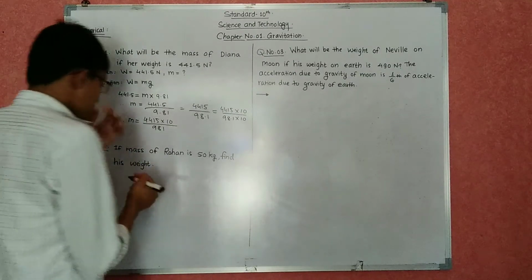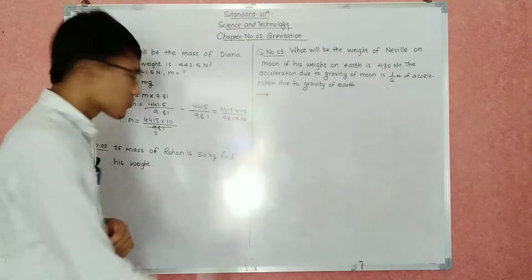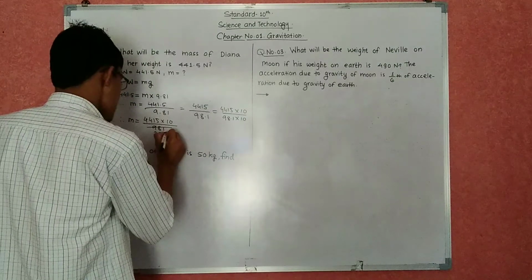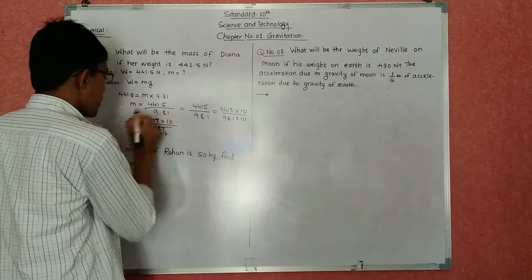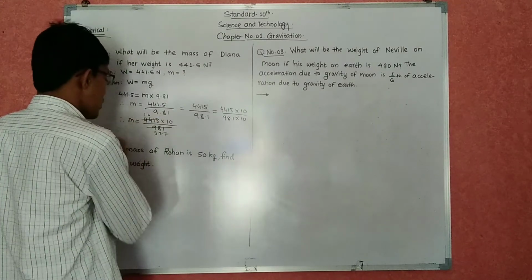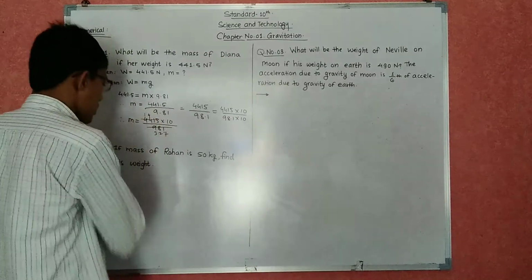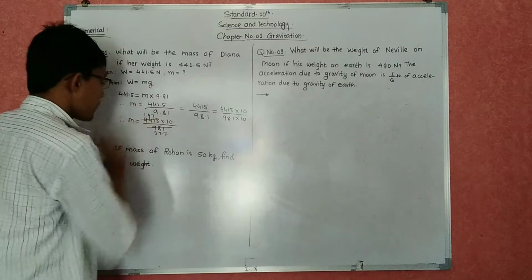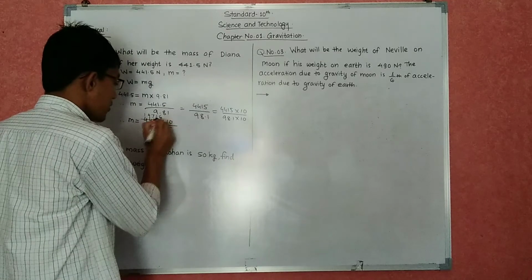So we will divide this. 3 3s are 9, 3 2s are 6, and 3 7s are 21. Then 3 1s are 3, 3 4s are 12, and 3 7s are 21, 3 1s are 3, and 3 6s are 18.